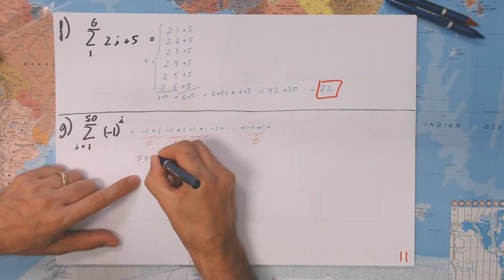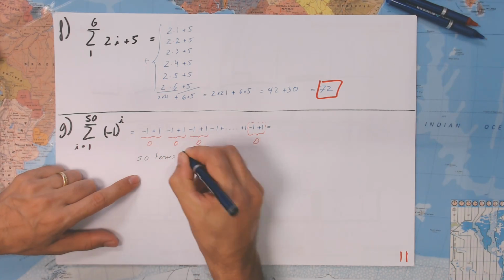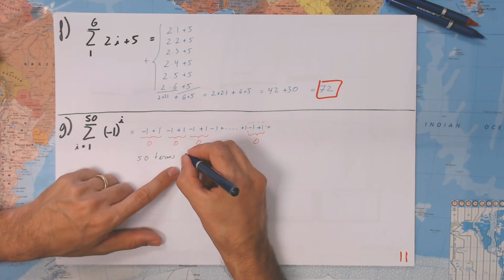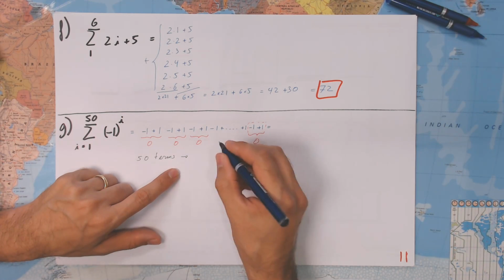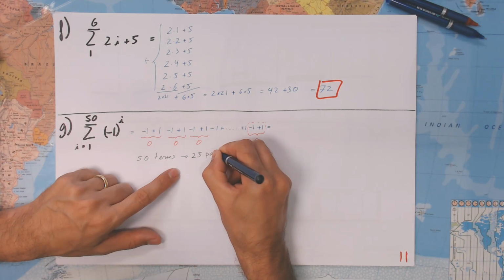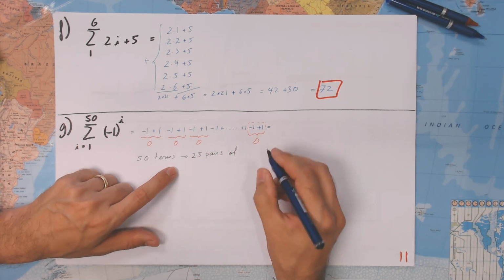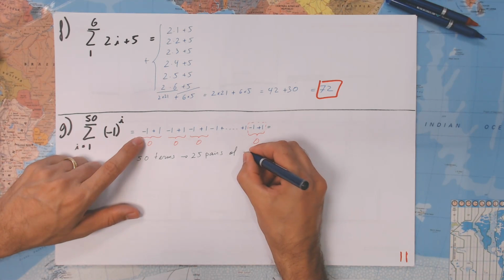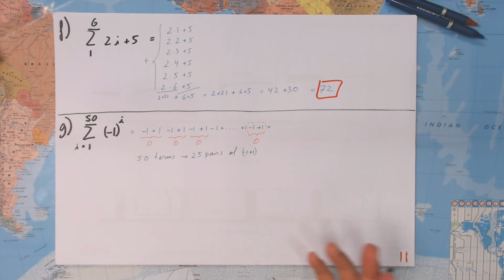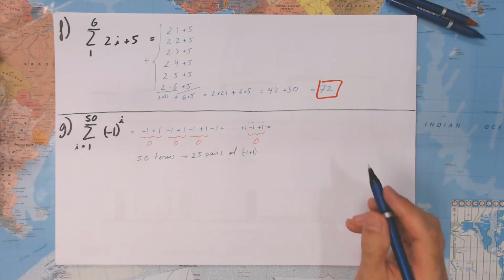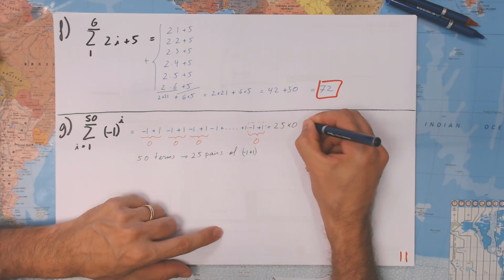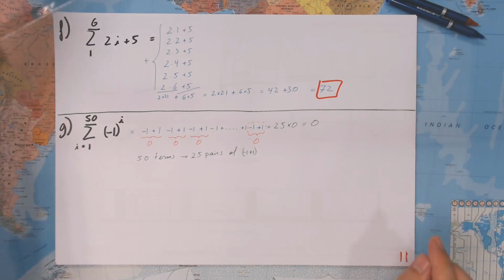We have 50 terms between pluses and minuses. And we are going to also have 25 pairs of minus 1 plus 1, right? And all of those pairs are 0. So in the end, we're just adding 25 zeros, right? Which is just 0.